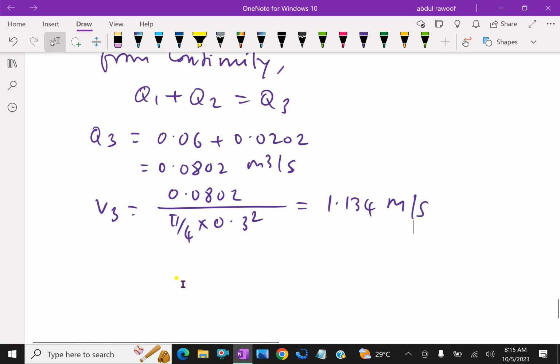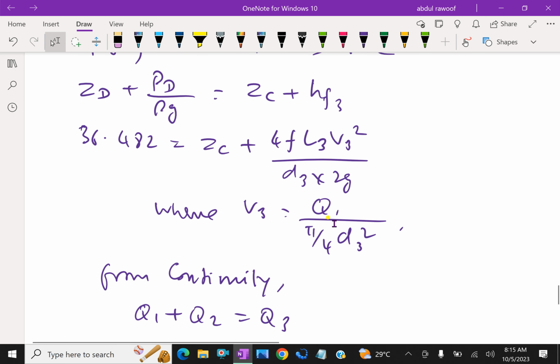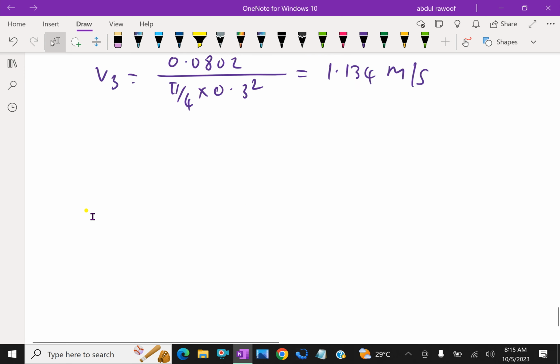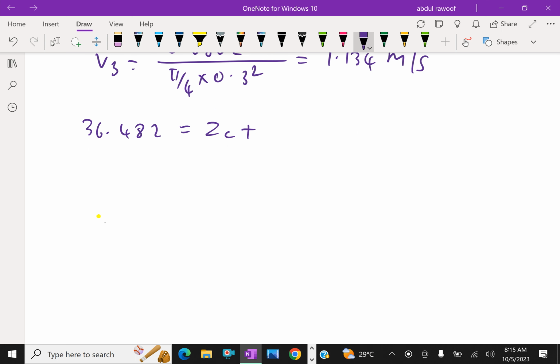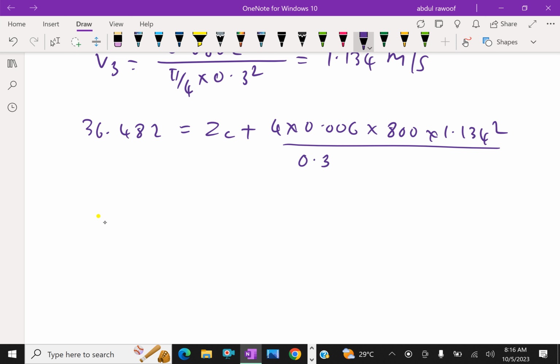Now applying this equation with the velocity we found: 36.482 equals ZC plus the losses, for f is 0.006 into length 800 into V, 1.134 squared, over 0.3 diameter into 2 into 9.81.